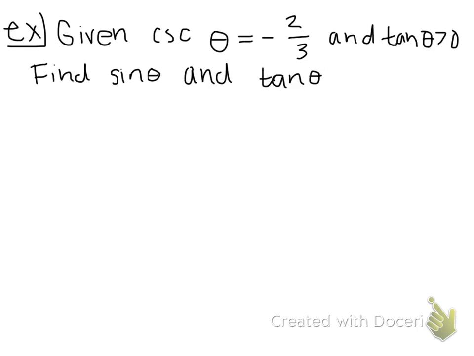Given cosecant is equal to -2/3 and tangent has to be positive, find the values of sine and tangent. So again, we're going to start by writing out x equals, y equals, and r equals. I know cosecant is r over y.